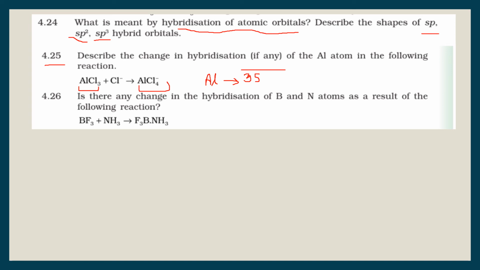So you have 3s2 and 3p1. Then you will show the excitation of electron, excited state. One electron will remain in 3s, and one of the electrons from 3s goes to 3p. One is already there, now one more. This is the excited state of Al.